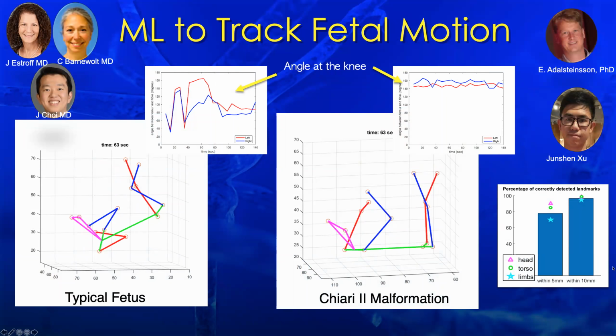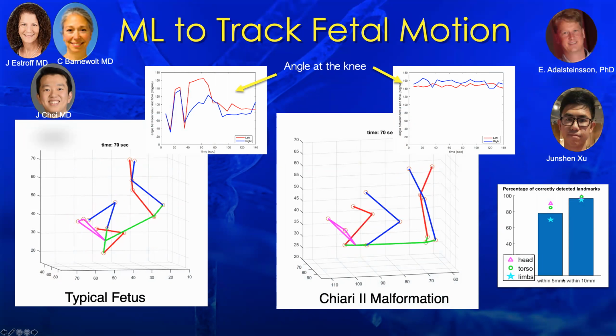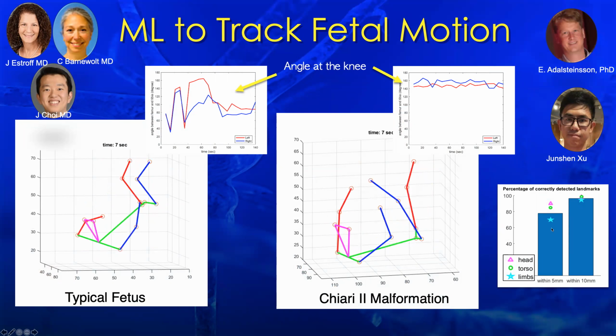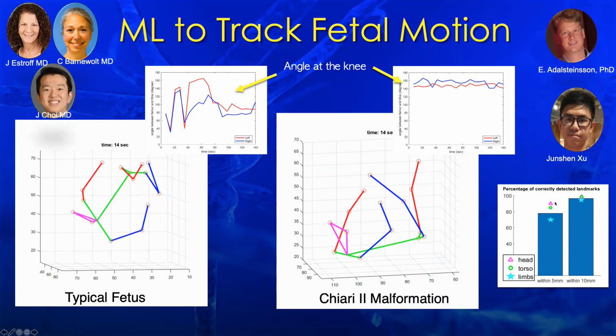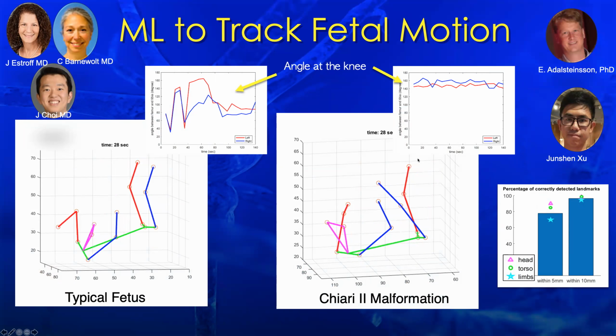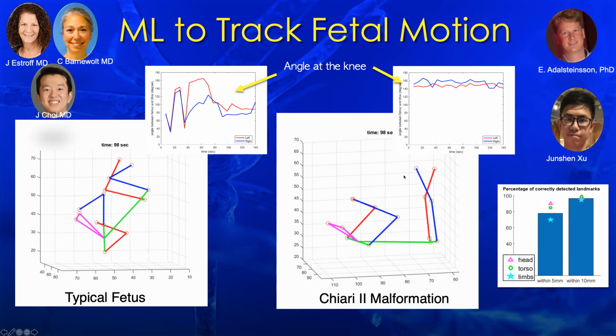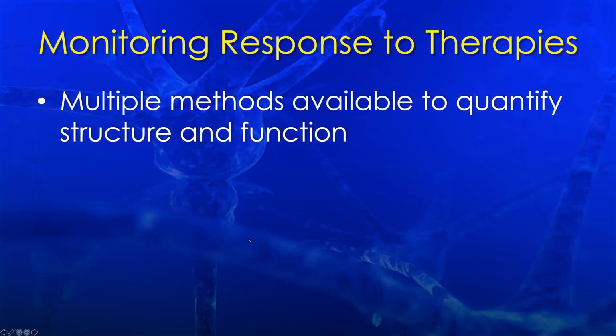This is the accuracy of our quantification so far. We're within 5 millimeters of most of the joints, but we still want to improve it and get more accuracy, particularly with the head and torso. And we need to integrate into our scheme tracking the fetal ankle movement, which we currently are not capable of doing. So that's on the horizon of where we're going next.